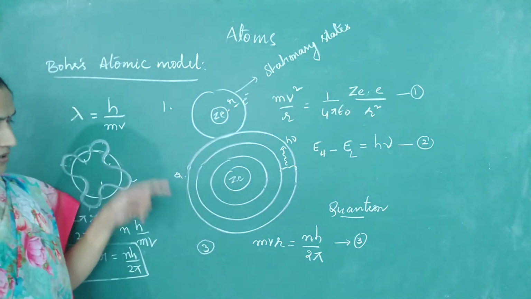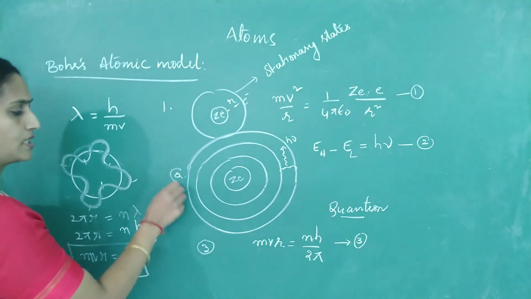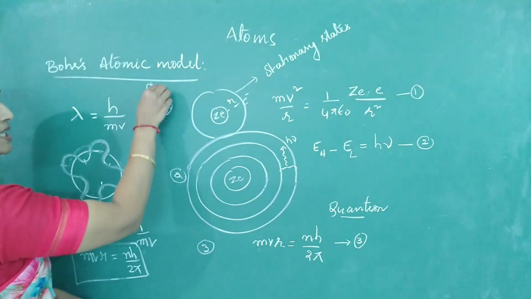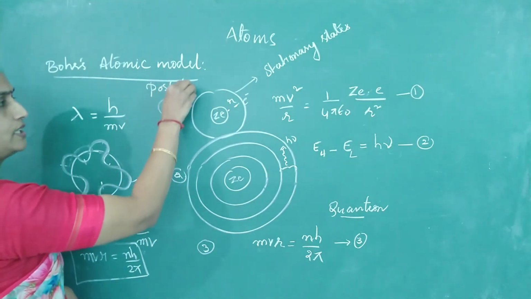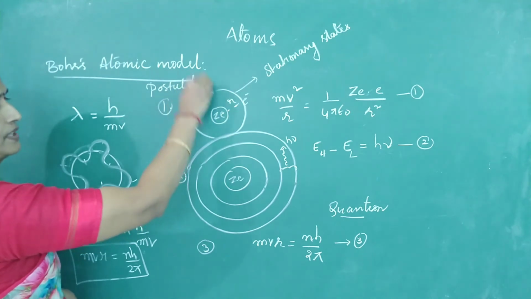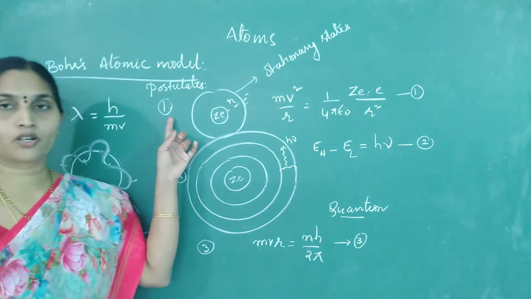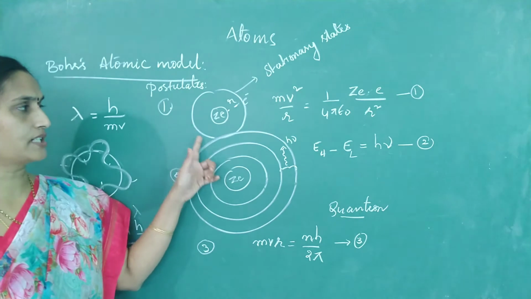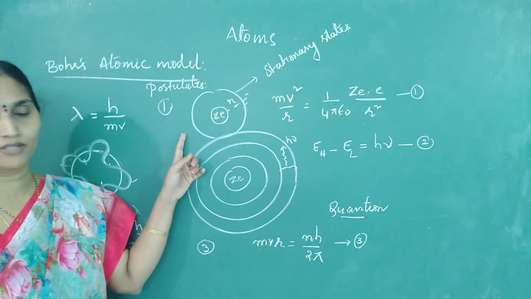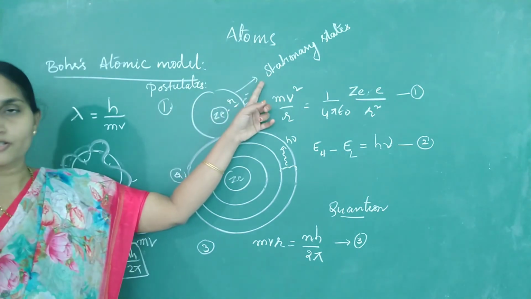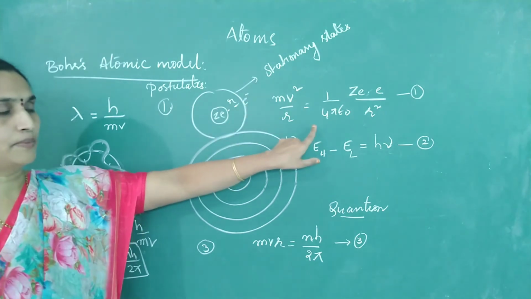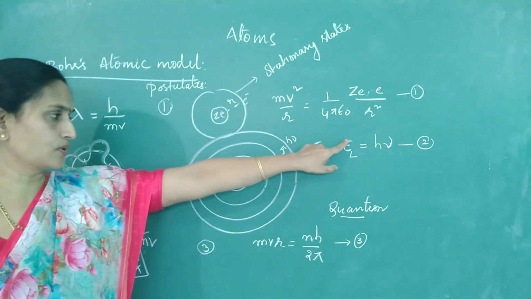So these 3 assumptions made in Bohr's atomic model we call Bohr's postulates. I repeat, the first postulate: the electron neither loses nor gains energy as long as it is in a permitted energy level, and we call those energy levels stationary states. Centripetal force is equal to electrostatic force.